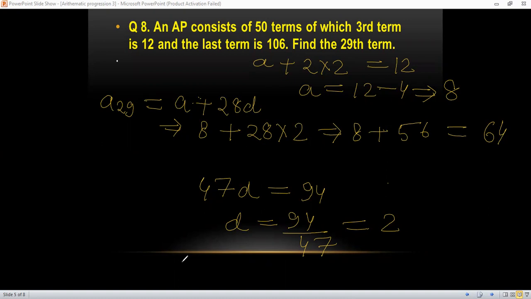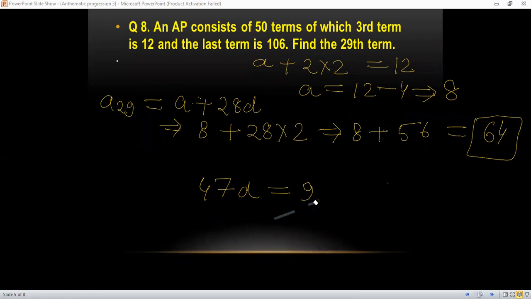Now let's move to the 9th question. So here you can see we have found the 29th term. Now let's move to the next question.